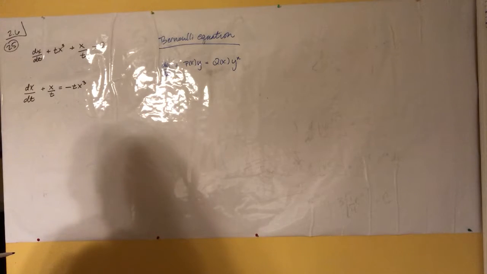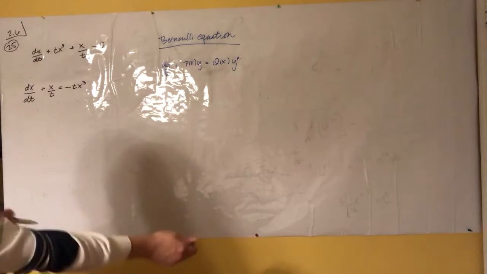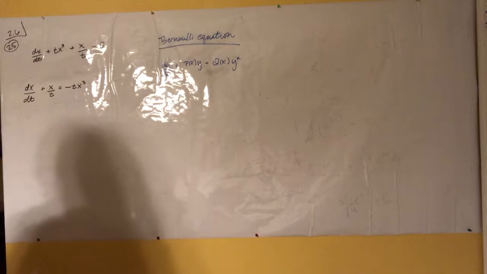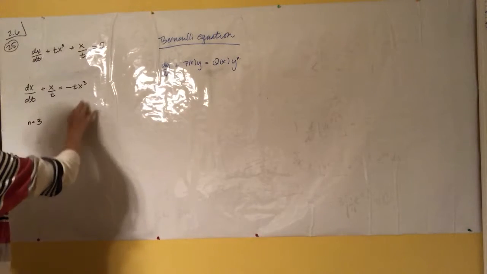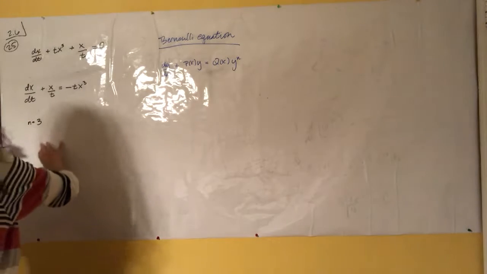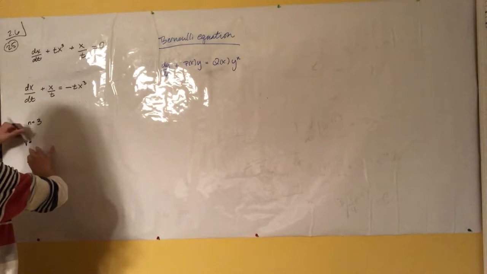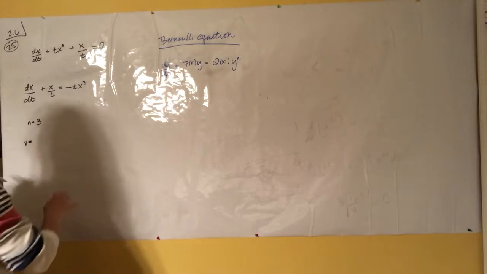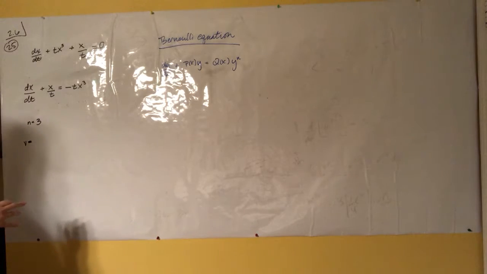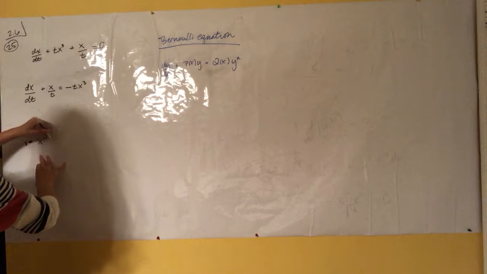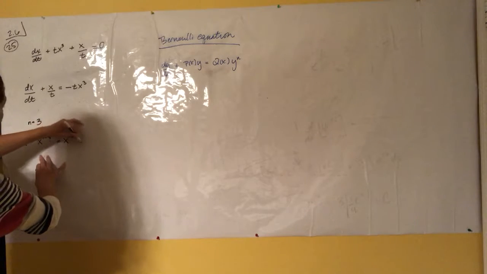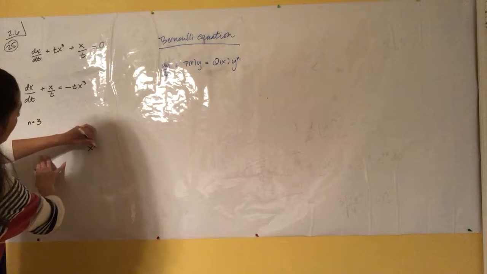Okay. So in this case, n is equal to 3, okay, and then v is equal to, in this case, the dependent variable is x, so it's going to be x to the 1 minus 3, so x to the negative 2, or 1 over x squared.